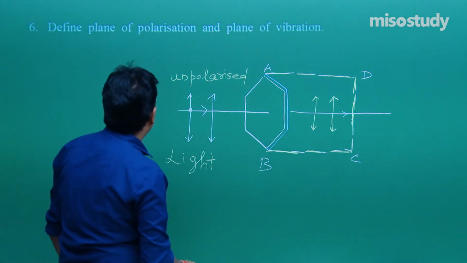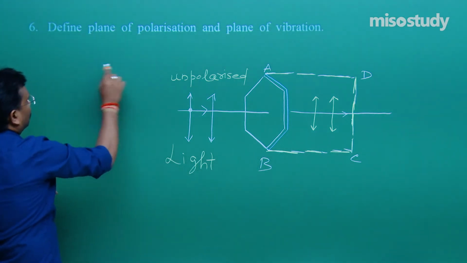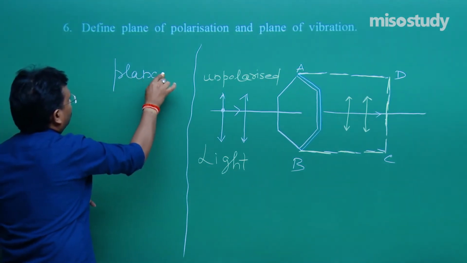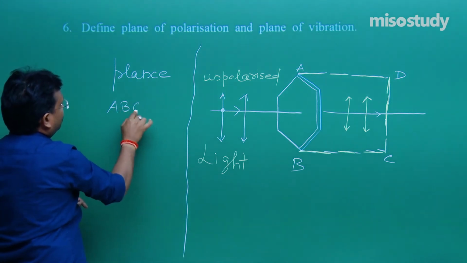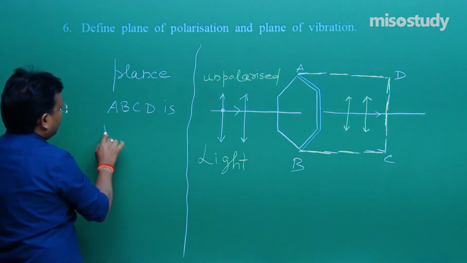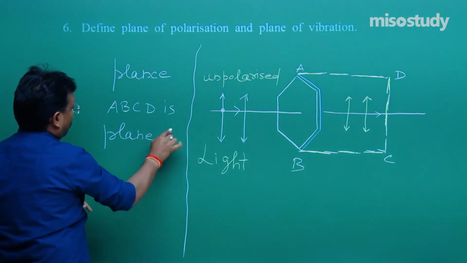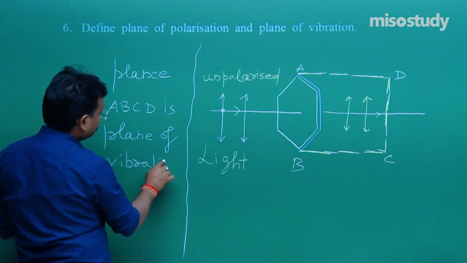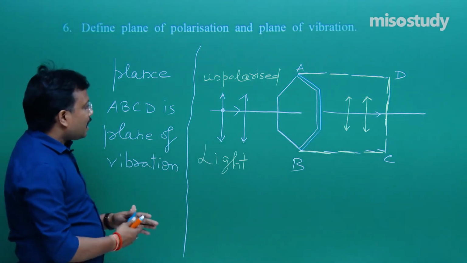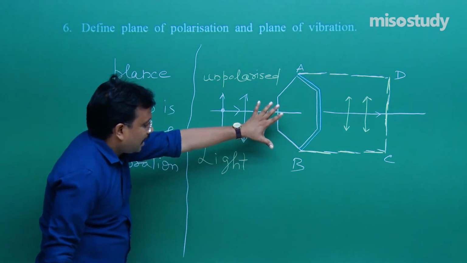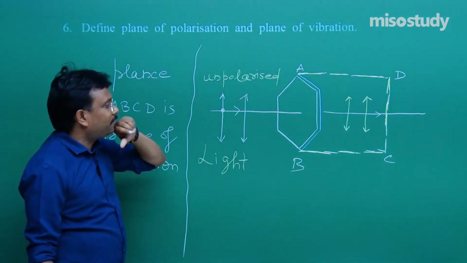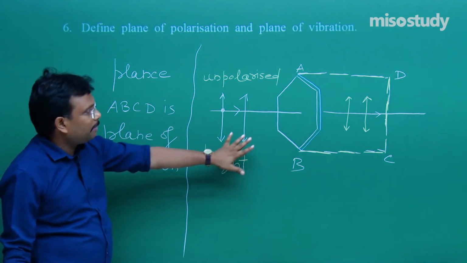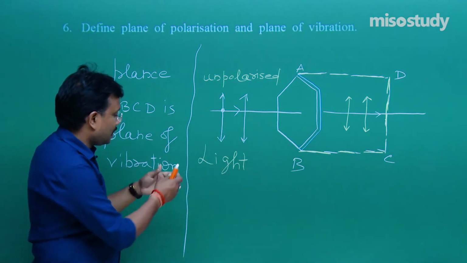So, I think I should write it down over here: plane A, B, C, D is plane of vibration. Okay. So, if you draw the diagram like this and then you explain, it will give the idea to the mind of the evaluator that yes, the concept is clear in the mind of this student.